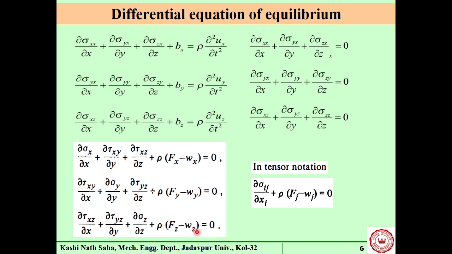So again, you understand this is not the correct form, but it is some inertia type force. Here Fx is also body force per unit volume. They are per unit volume, so rho is taken out, so Bx, By, Bz by rho act as Fx, Fy and Fz.